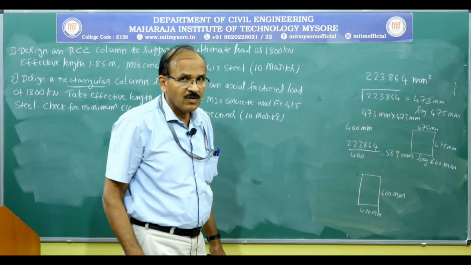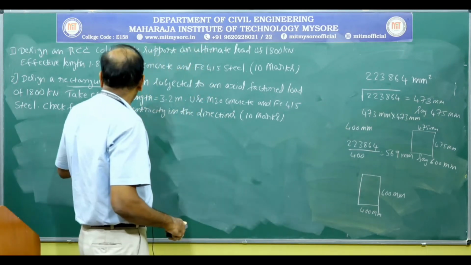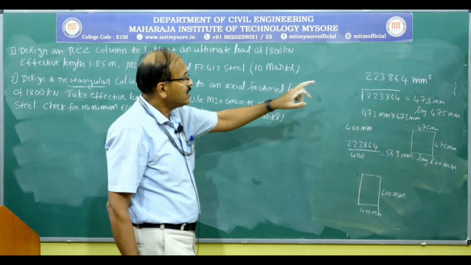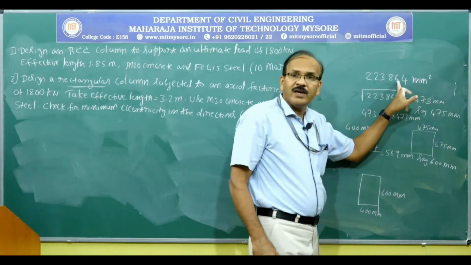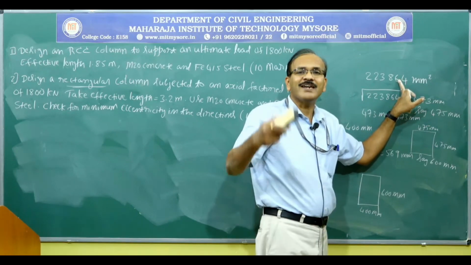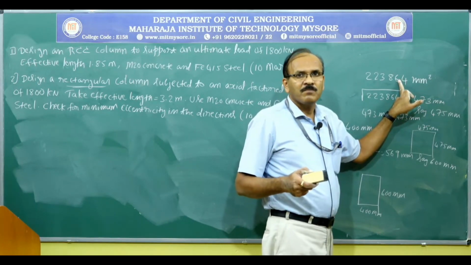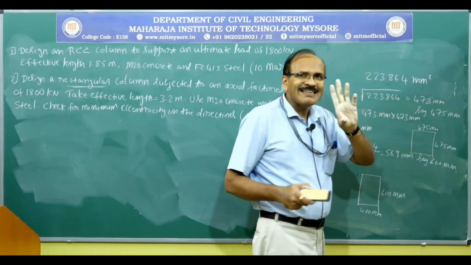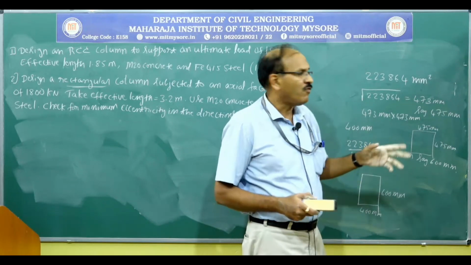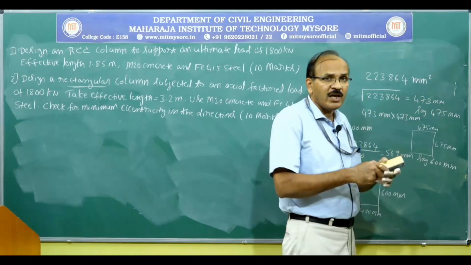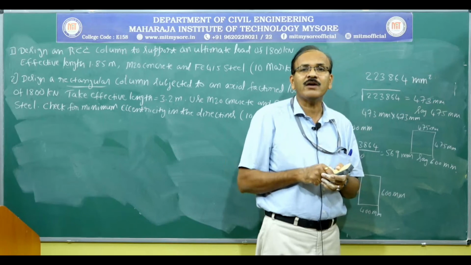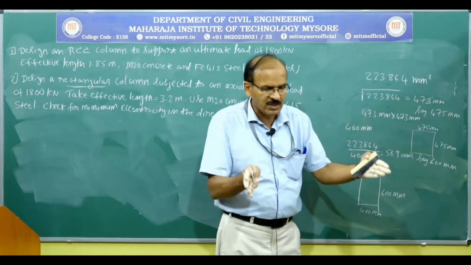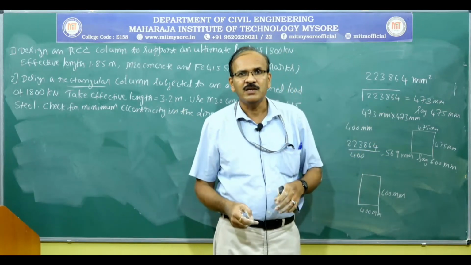You got it? So this is the way you are going to find out what are the dimensions required for a rectangular column. That is, find out the area by assuming a certain percentage of steel. Once you know the gross area of the section, just to get a glimpse of what dimensions are required if you are to provide a square column, take the square root of it, you get some idea if it was a square 473 by 473.